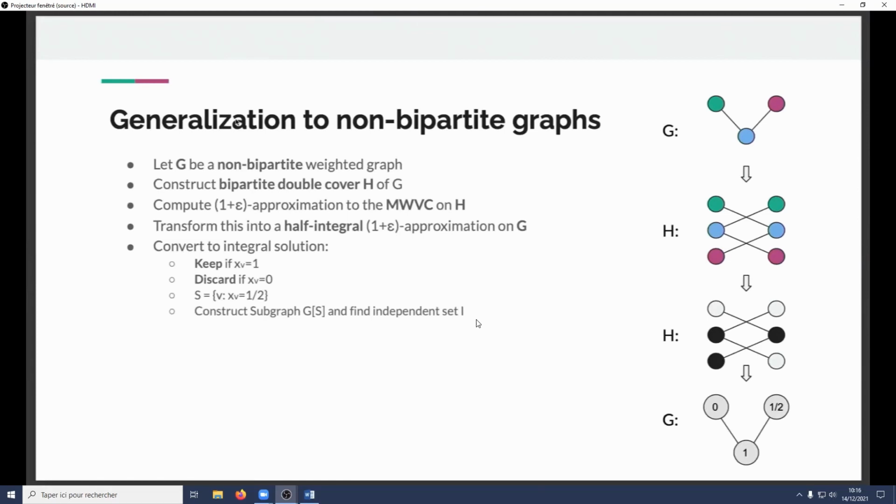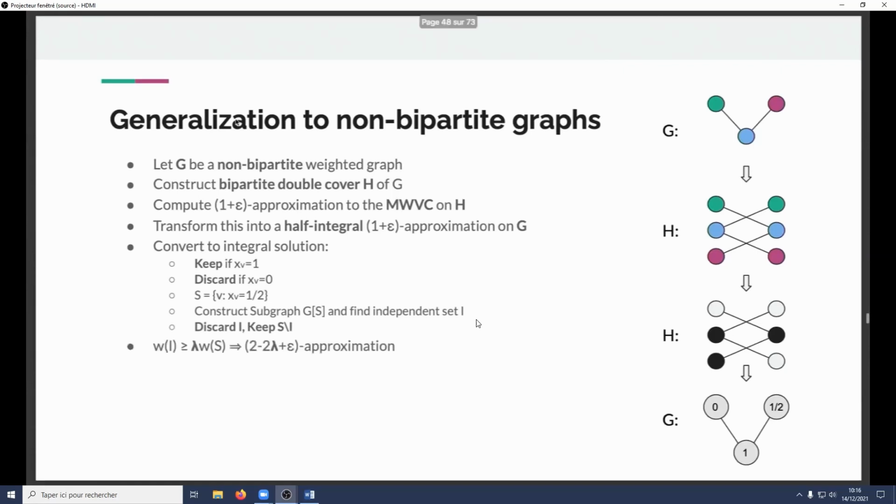Now we find an independent set I on those 1/2 nodes. And finally, we discard all the nodes in this independent set and keep all the other nodes.